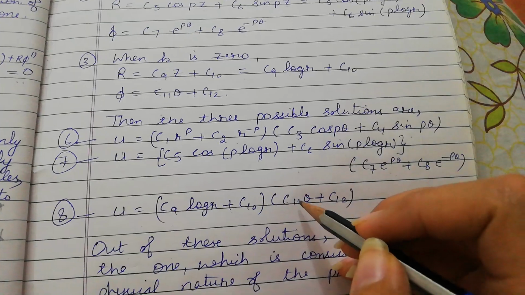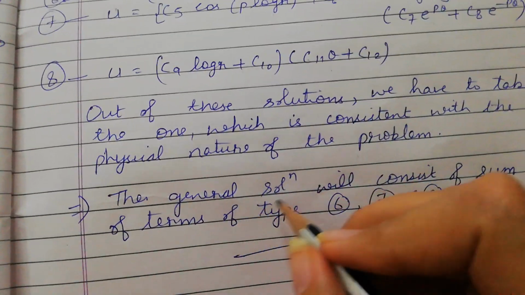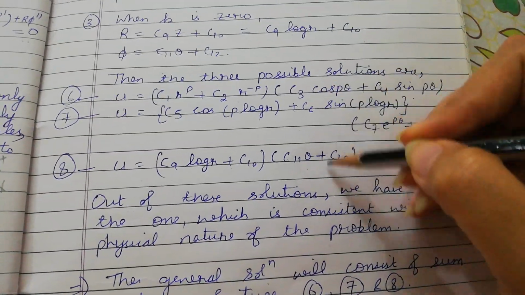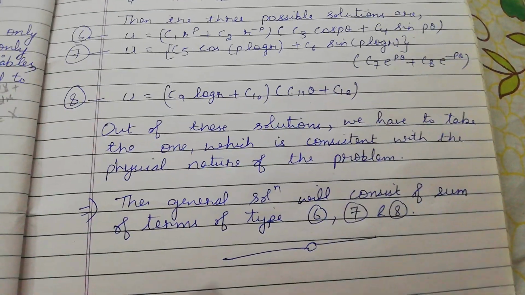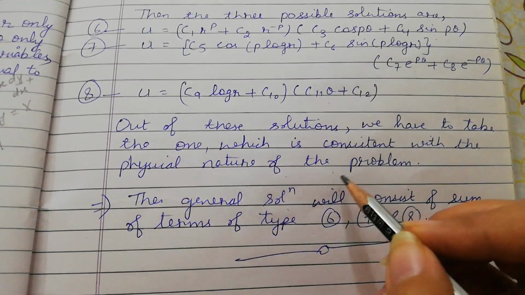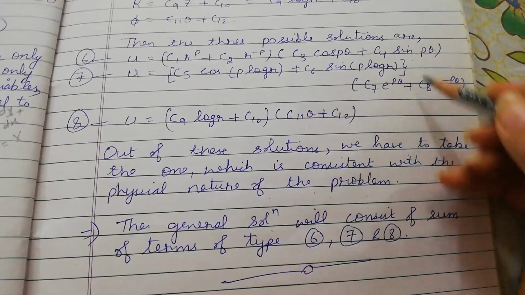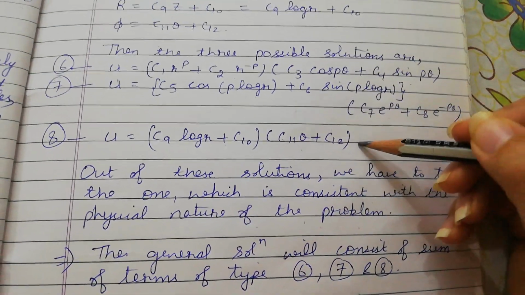So these are our total 3 solutions, and the general solution will be the sum of all these terms. But whenever you are doing any question based on this, you will take out the solution that is inconsistent with the physical nature of the problem given to you in the question. Otherwise the general solution is the total sum of these three terms.